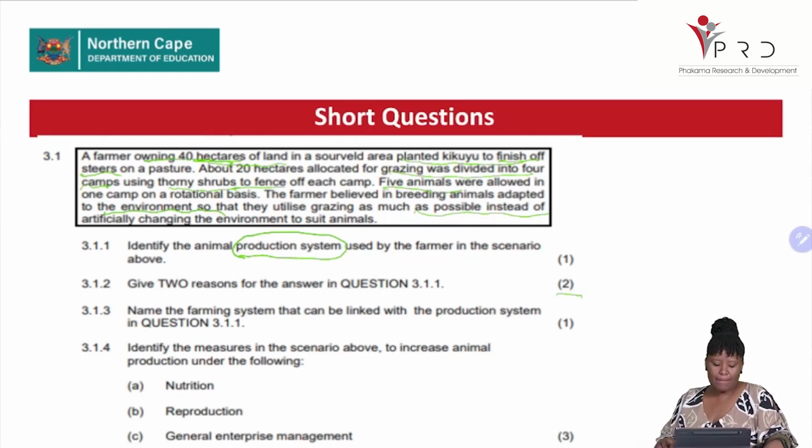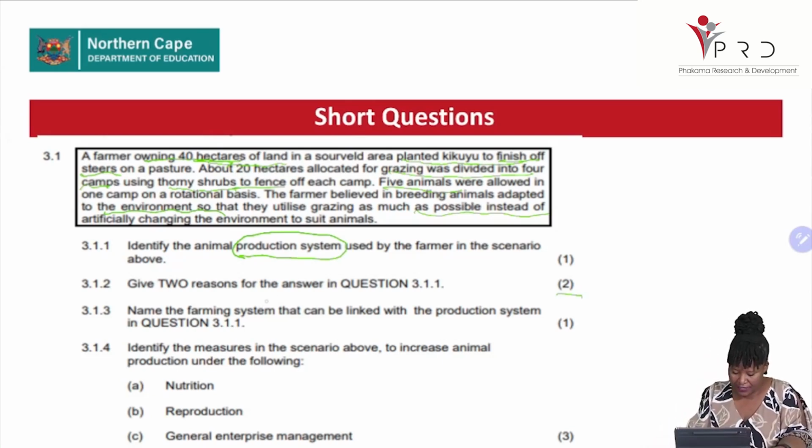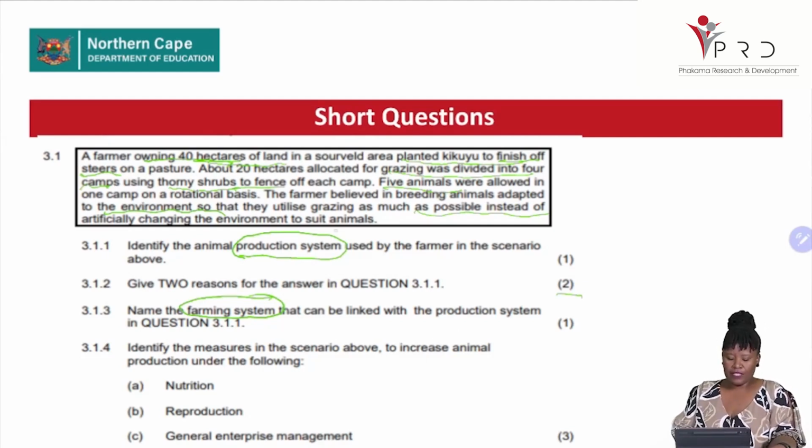Name the farming system. You have to underline that. Name the farming system that can be linked with the production system. Can you see what I was saying? First, on 3.1.1, we were asked about the production system. Now on 3.1.3, the examiner is addressing the farming system that is linked with the production system.